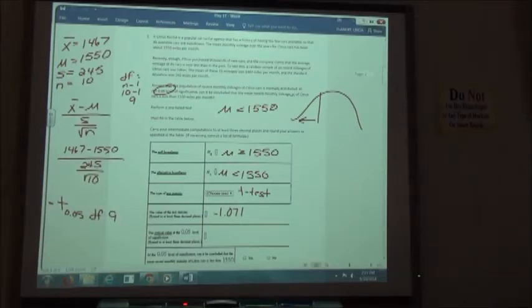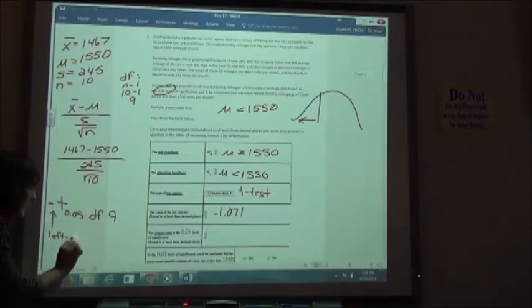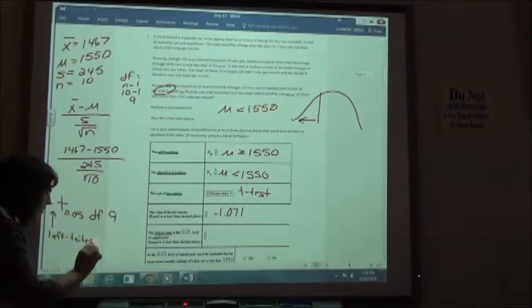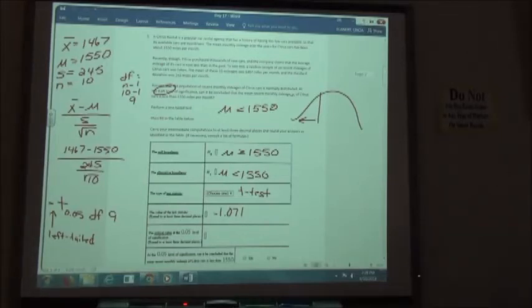Do you see where the T sub is? Right there, yep. You probably want to put a negative in front of that, or at least put a negative on your answer. Since it's left-tailed, we have to make sure we put that negative. If it was right-tailed, we wouldn't need the negative.